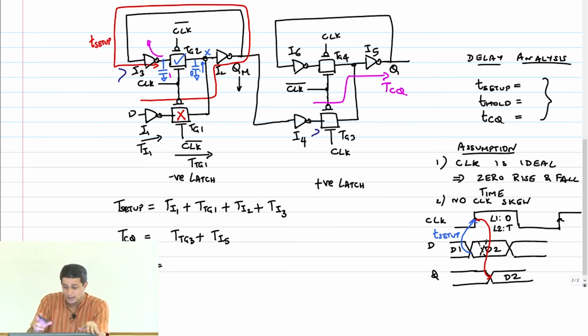Because remember, after that, L2 is becoming transparent. So whatever is at QM will just go through, depending on the feedback loop, of course. There is that constraint, but I cannot guarantee anything because there is some randomness there. So clock is shutting off my TG1, turning on TG2. What do you think the hold time is? How long should I hold my data?